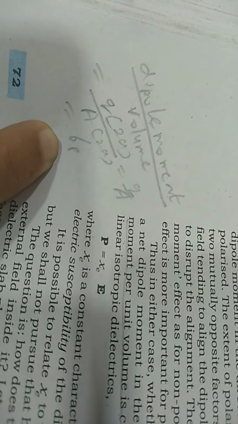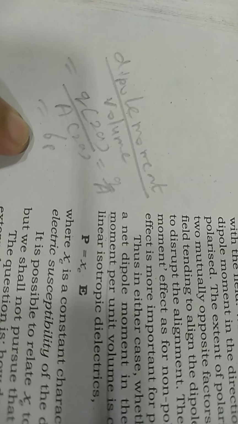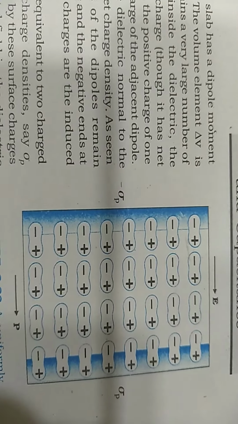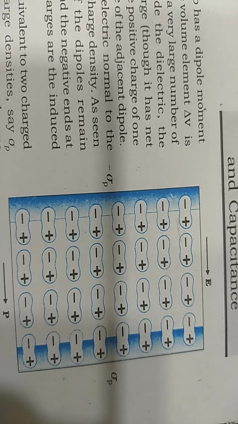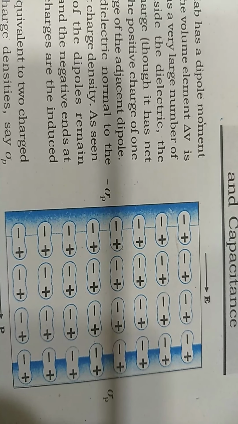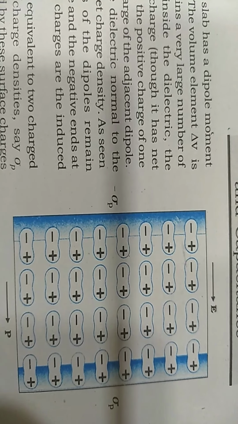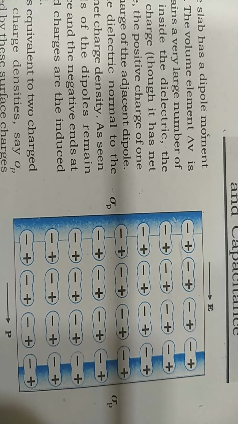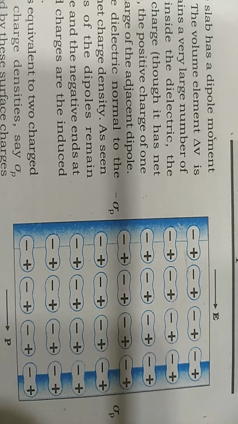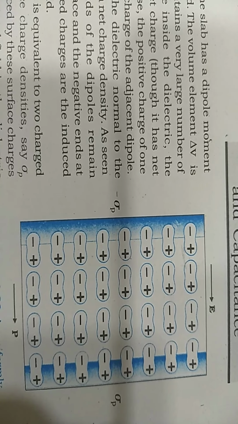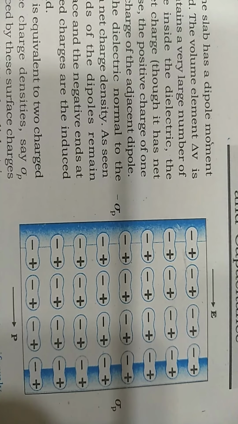That is, the charges are induced on the surface when the dielectric is introduced between the plates of a capacitor and kept in this electric field, and it tends to reduce this electric field.